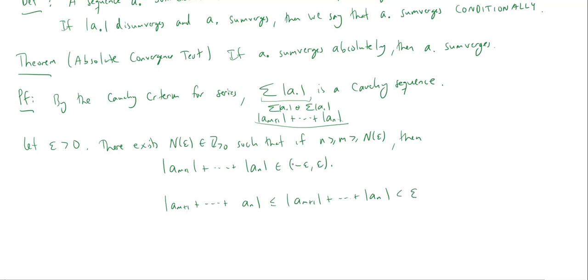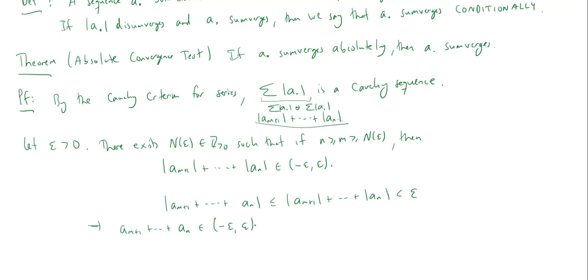In fact, we say it's between negative epsilon and epsilon, but these are all non-negative, so we don't have to worry about being in the negative side of this interval. So this sum will certainly be less than epsilon, and it's greater than or equal to the absolute value of this sum. But if the absolute value of this sum is less than epsilon, then that implies, we'll drop the absolute value, that this has to be in the zero coin of radius epsilon.